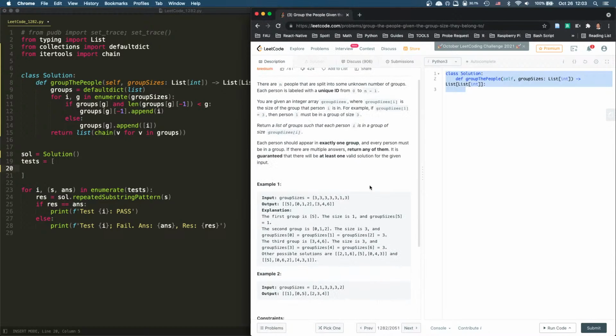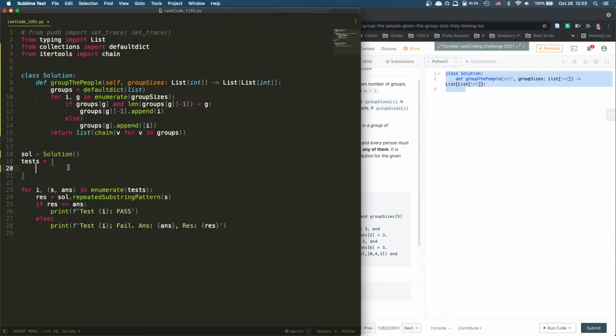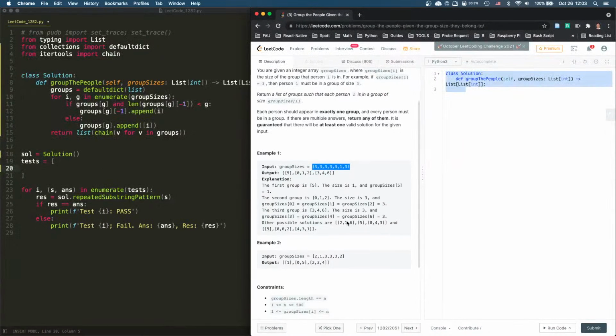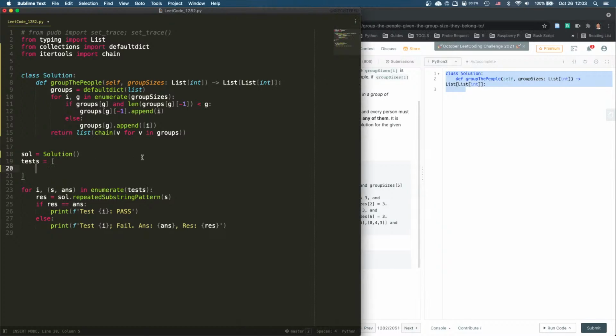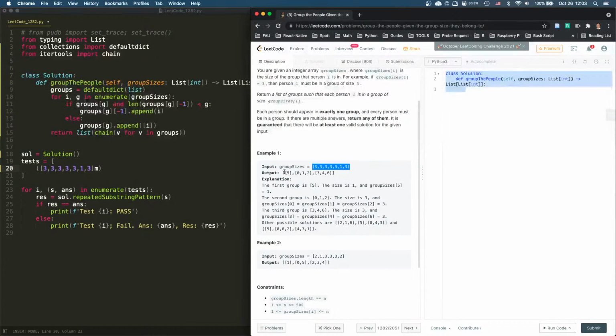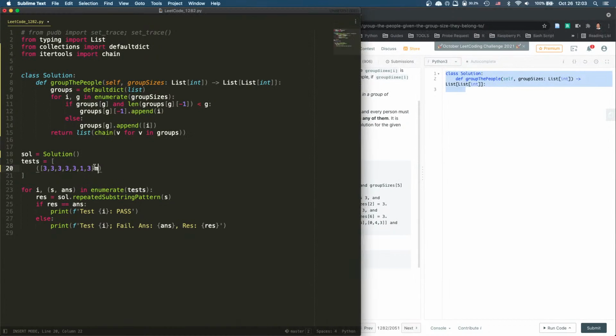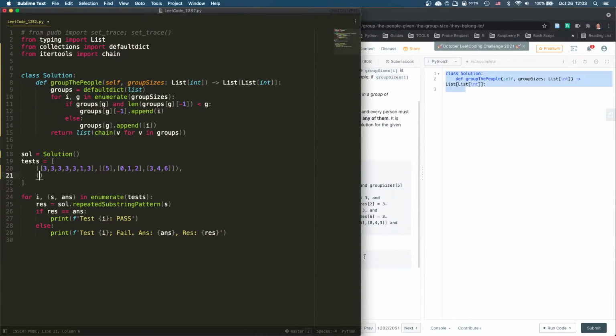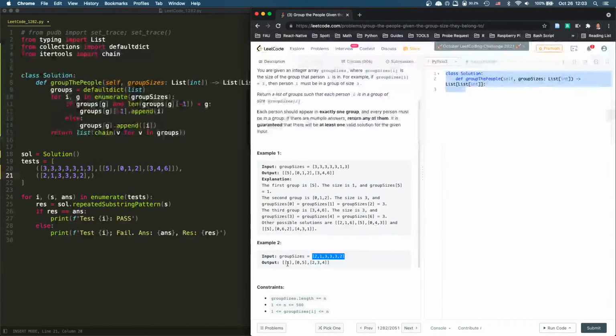All right, test cases. Actually, test case, I think it should be fine. So we have this, and the answer is this. Next one is this, the answer is this.